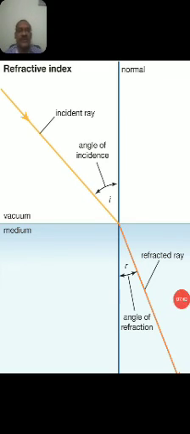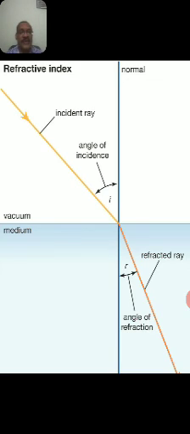This is also the refractive index property. In the diagram, the white medium is one medium and the blue is another medium. Say, for example, the white medium is vacuum and the blue is another medium. The yellow line is the incident light ray, traveling from vacuum and falling at the point on the normal.